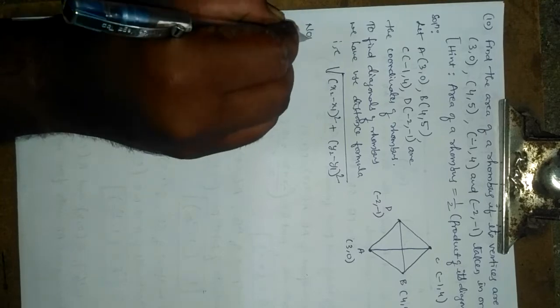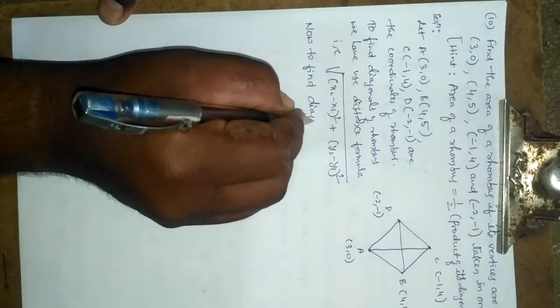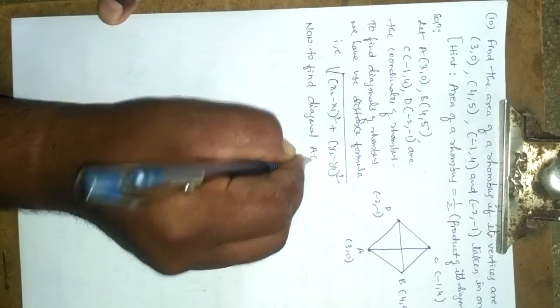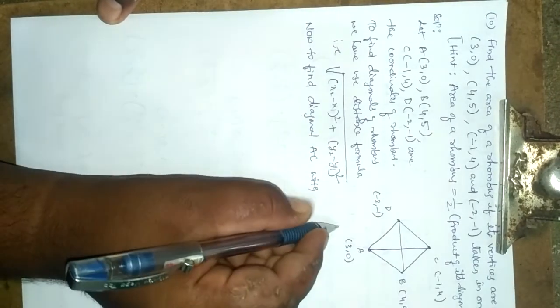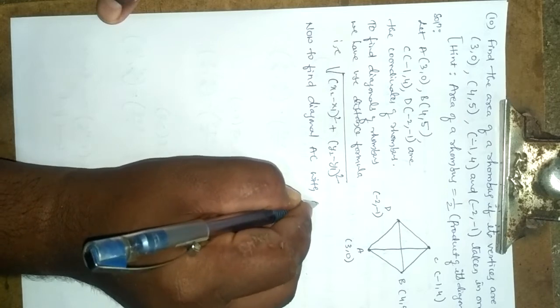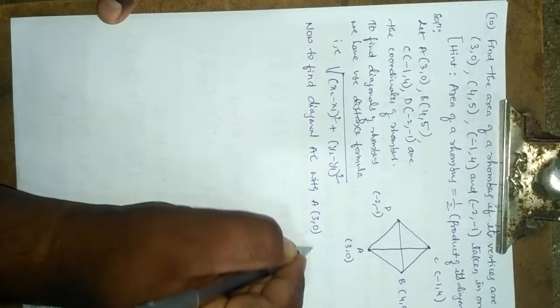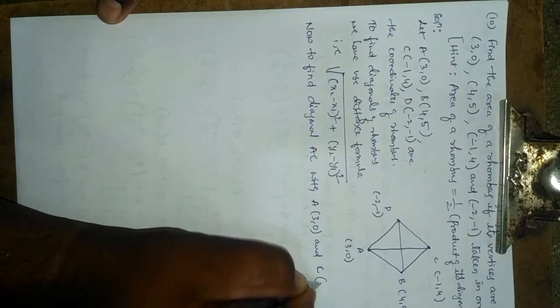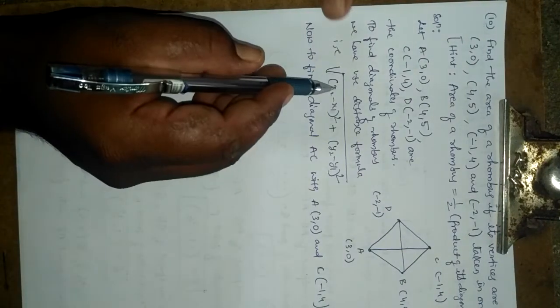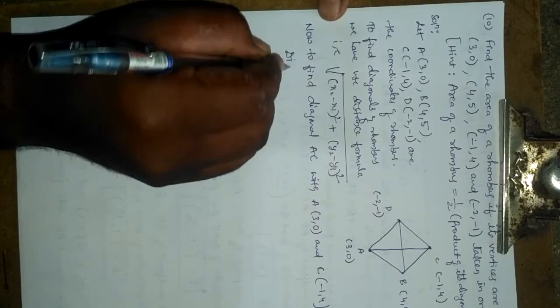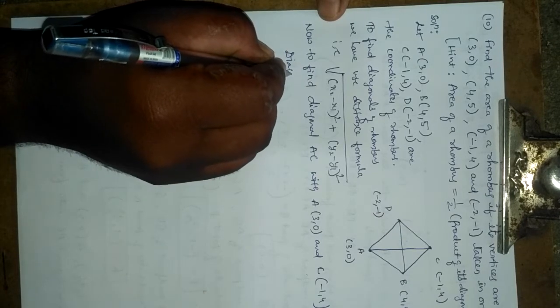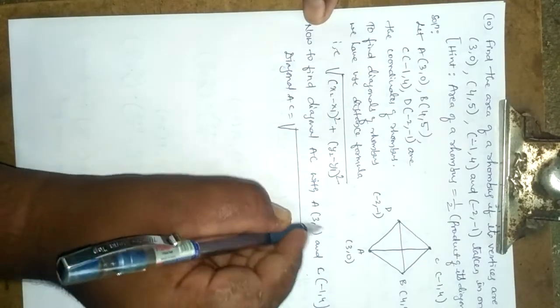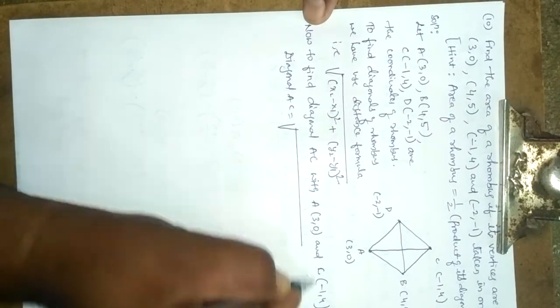Now to find diagonal AC with coordinates A(3, 0) and C(-1, 4), with the help of the distance formula. Diagonal AC is equal to, here we use the distance formula. This one I take as (x1, y1), this one (x2, y2).